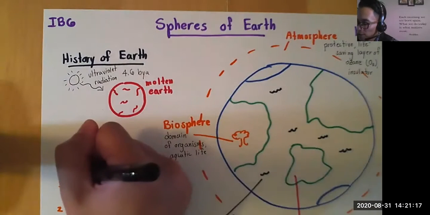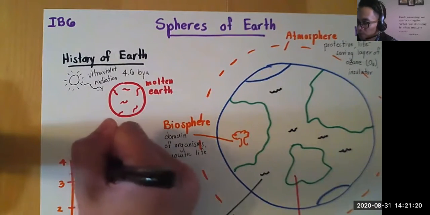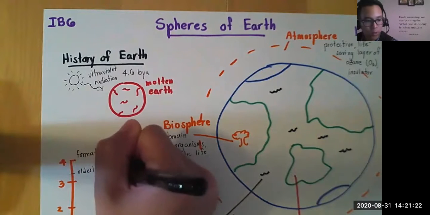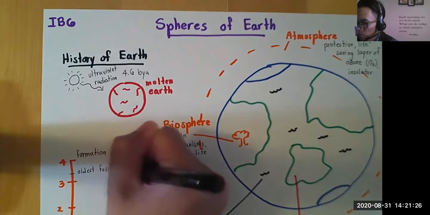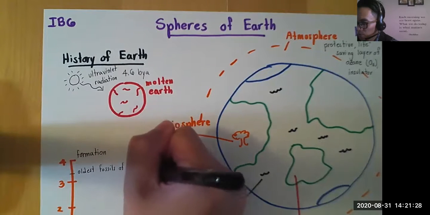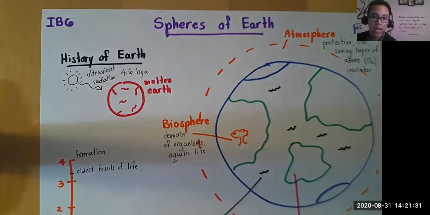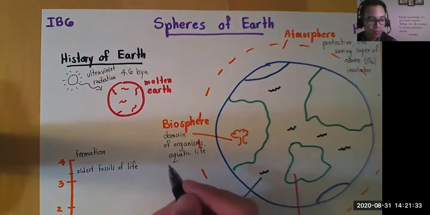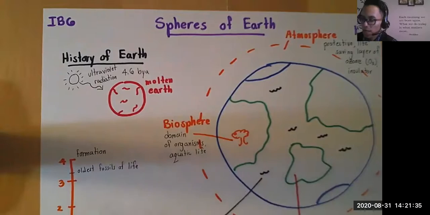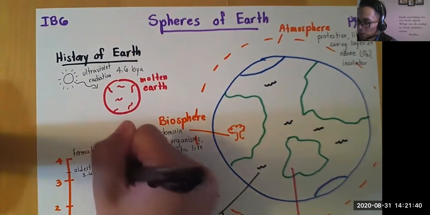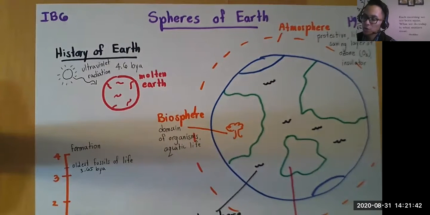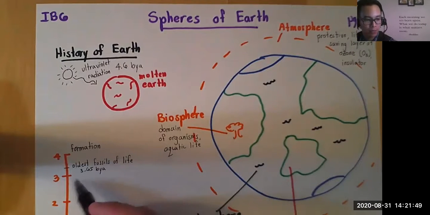The oldest fossils of life we've found so far are about 3.6 billion years old. We found them in Canada, if you guys remember. And then from 3.6 billion years ago till now, what you have is a very steady, very slow progression of natural selection, which we'll talk about a little bit later.